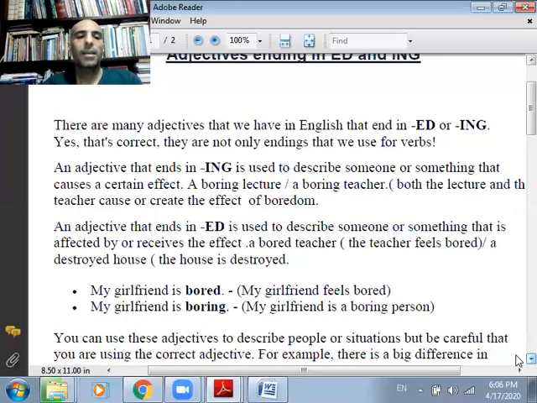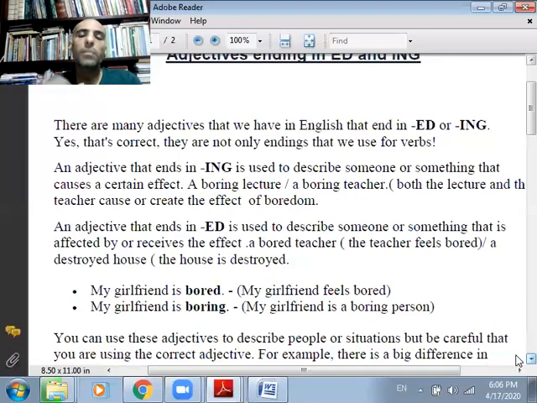The ing adjective can be used to describe a person or a thing. An adjective that ends in ing is used to describe someone or something that causes a certain effect. So let's keep in mind that this is the difference.